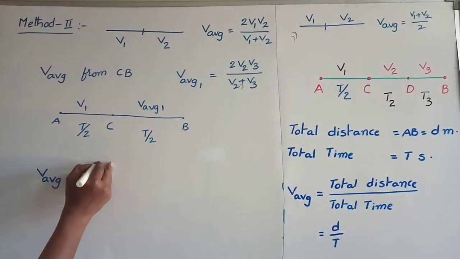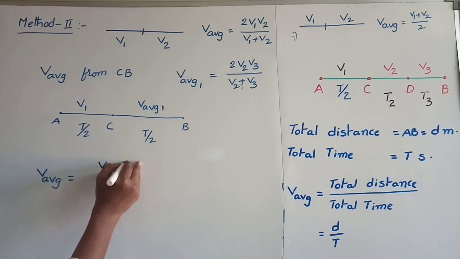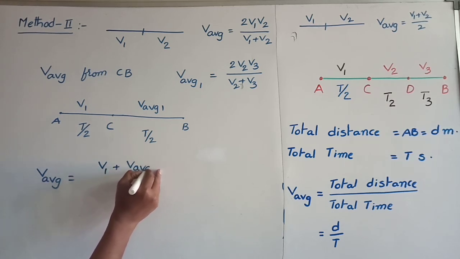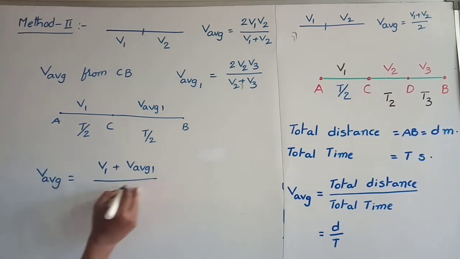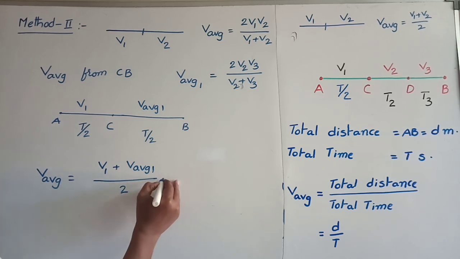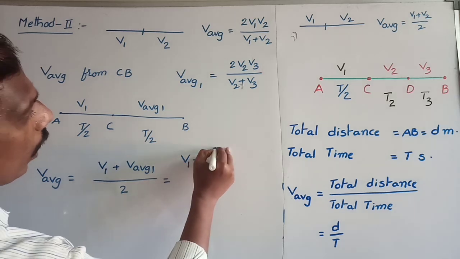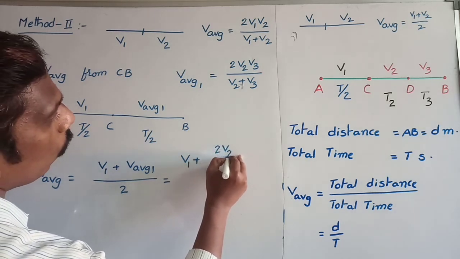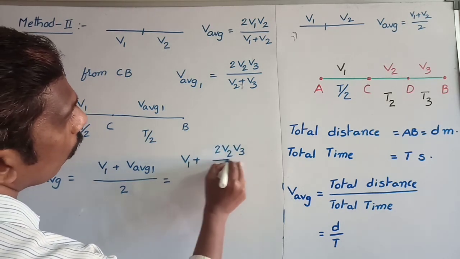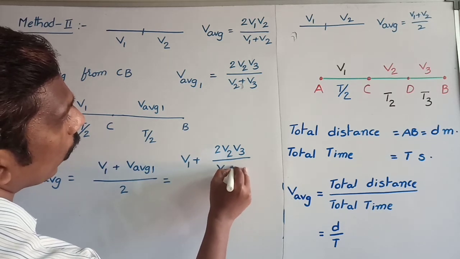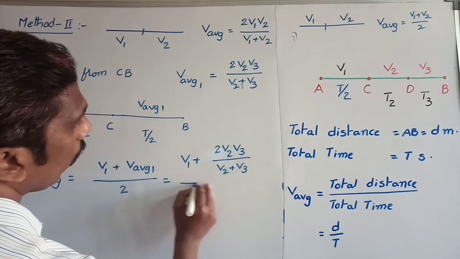From that, (V1 plus V average 1) by 2 is the formula, which is equal to V1 plus (2 V2 V3 by V2 plus V3), divided by 2.